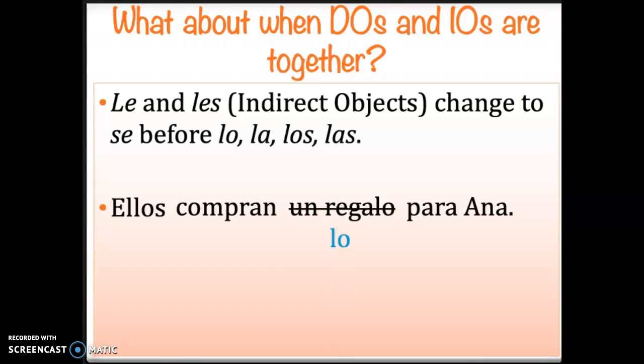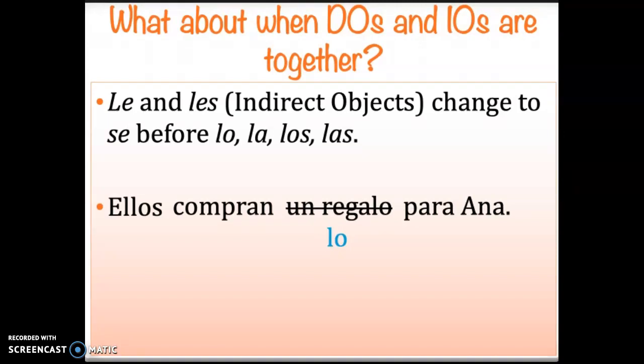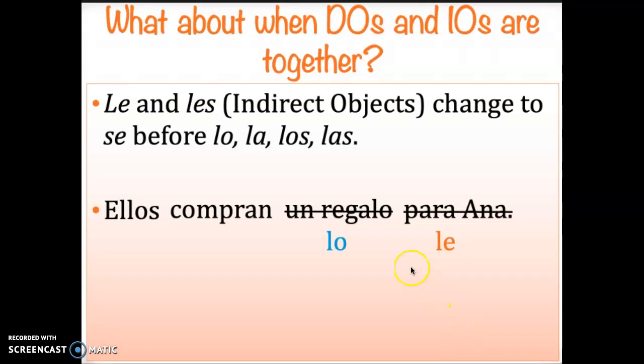Un regalo is masculine singular. Therefore, the direct object pronoun is lo. Ana is the indirect object in this sentence. And since it's for her, we would replace the indirect object with the indirect object pronoun le. Now we know that the indirect object pronoun is le and the direct object pronoun is lo.